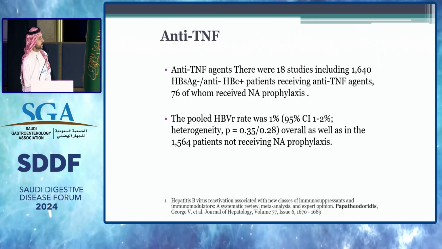Back to the meta-analysis by Papatheodorou. So anti-TNF agents, there were 18 studies in that meta-analysis, including 1,640 patients. Those were surface antigen negative and core positive. 76 of them received NA prophylaxis, with a pooled incidence rate of reactivation of 1% overall, as well as in the 1,564 patients not receiving NA prophylaxis.